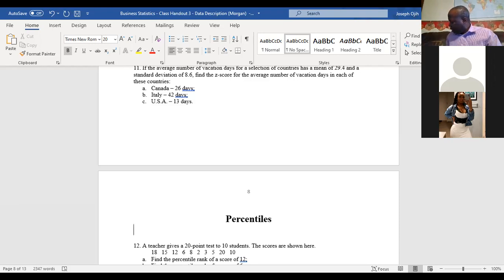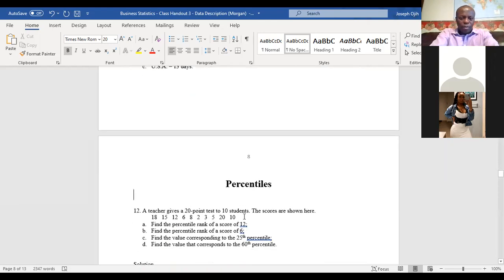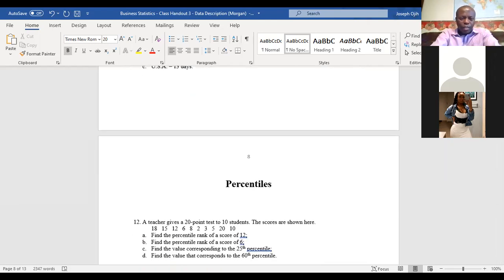There are two formulas we use when we want to calculate the percentile for any data set. Now I'm going to write the formulas down.